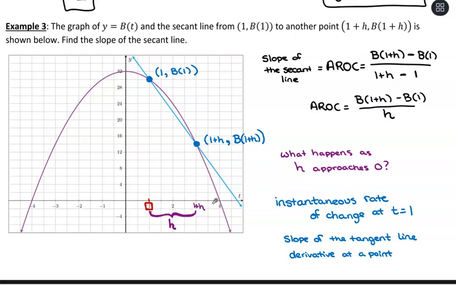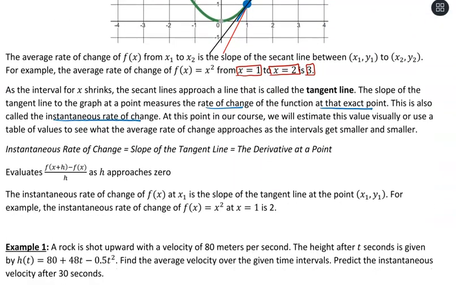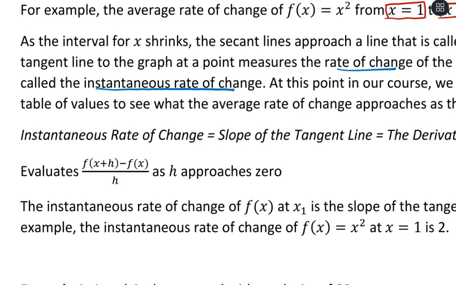And then what we want to do is figure out what happens as h shrinks down to 0 so that it's basically infinitely close to our x value. This is called our difference quotient, and this is really at the base of how we calculate derivatives for everything in calculus.